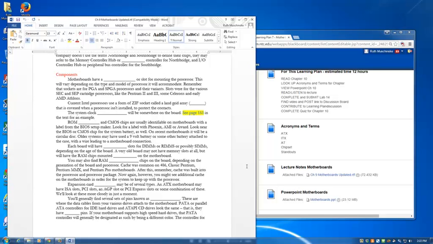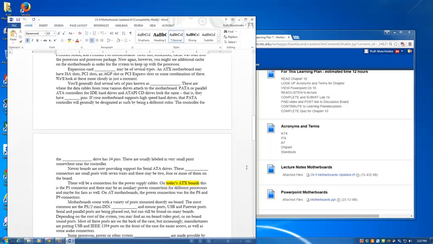If your motherboard supports high-speed hard drives, that PATA controller will generally be designated as such by being a different color. The controller for the floppy drive, if one is in use, has 34 pins. These are usually labeled in very small print somewhere on the motherboard near the controller.